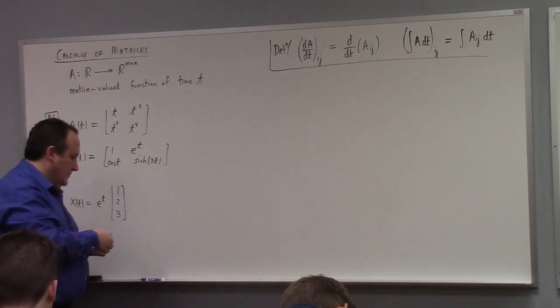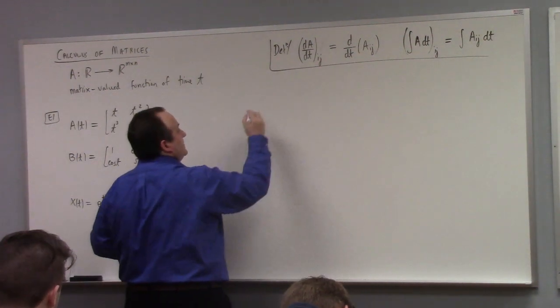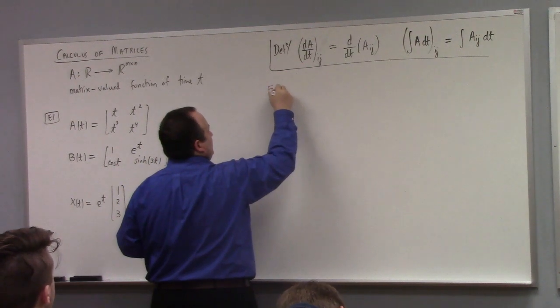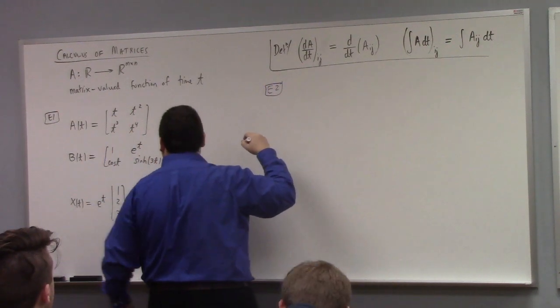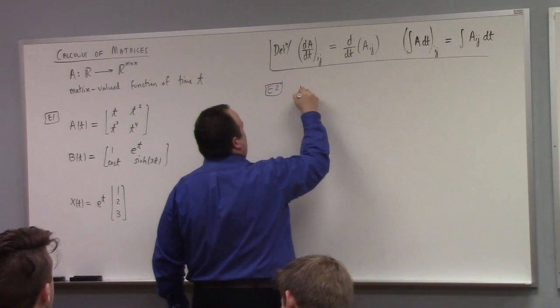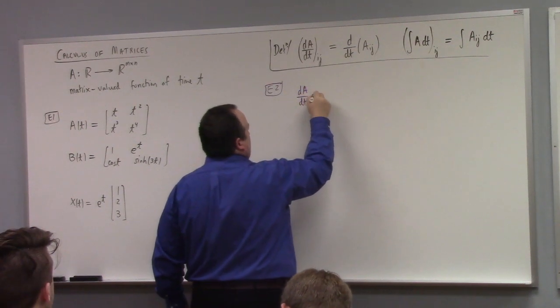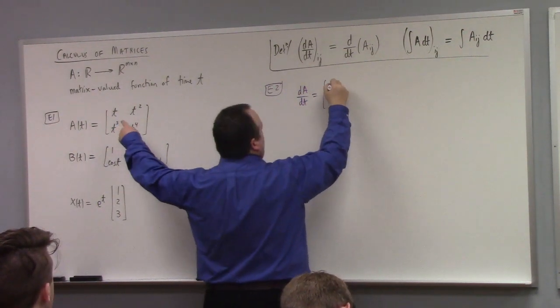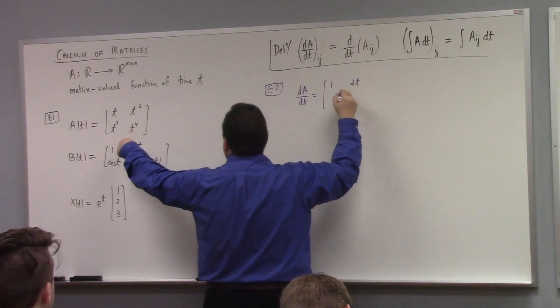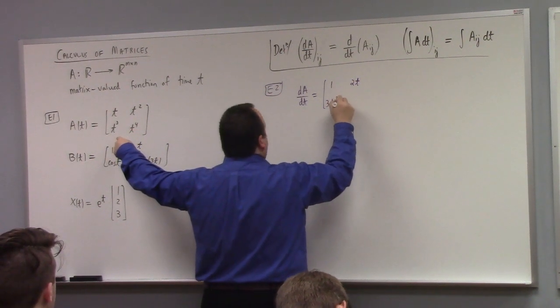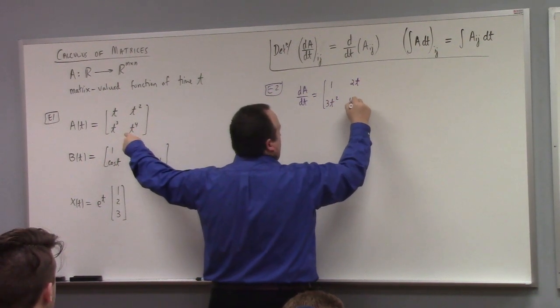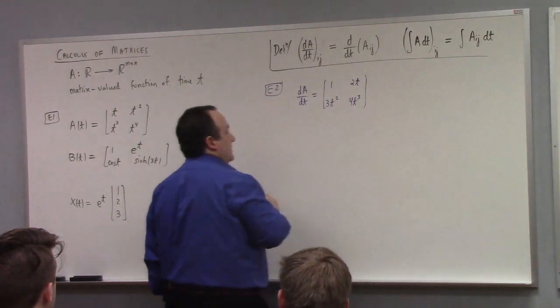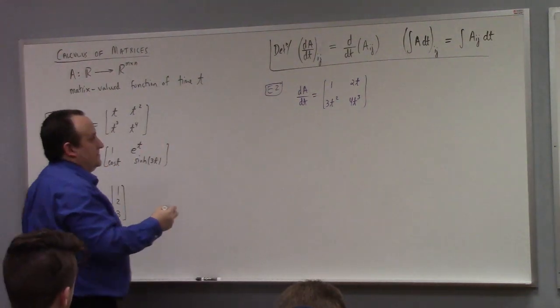Example 2. So you guys tell me, what's the derivative and what's the integral of these things? So like what's dA/dt? We got 1, 2t, 3t squared, 4t cubed. For this B, what we got?